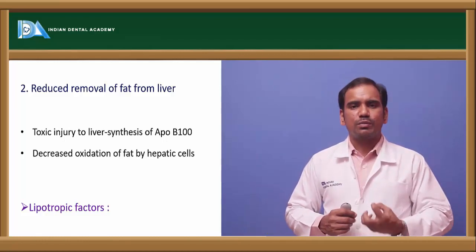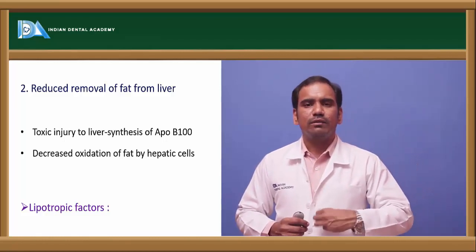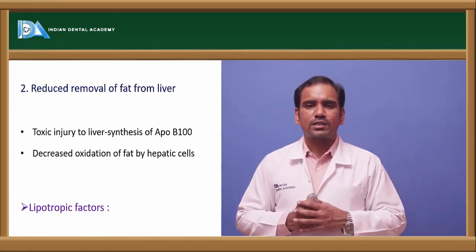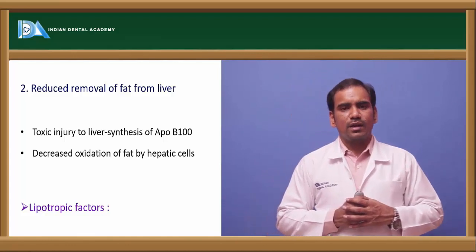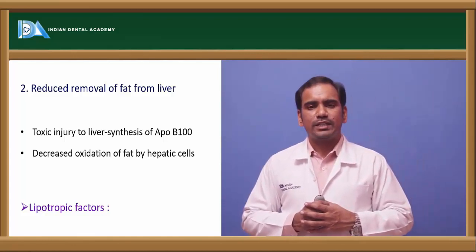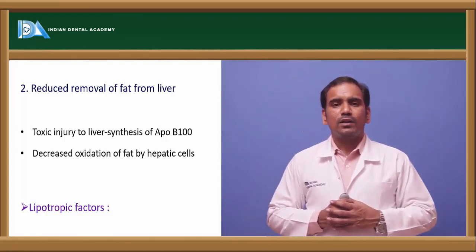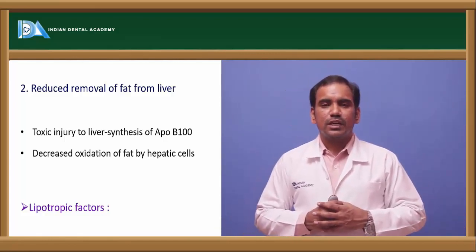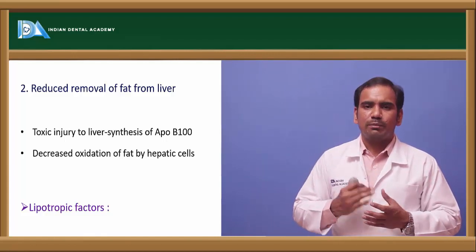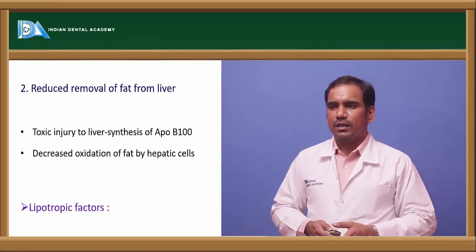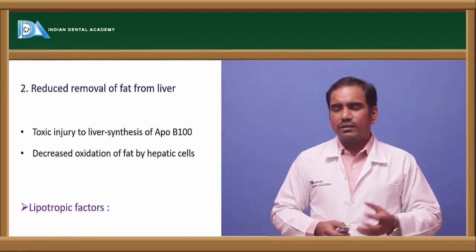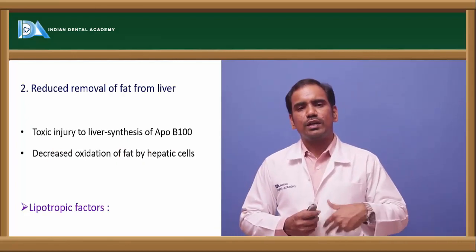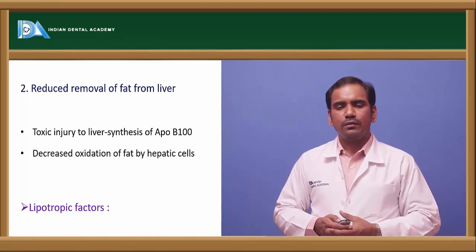That is their main function. We call all those factors together lipotrophic factors, like choline, betaine, methionine, and omega-3 fatty acids. They are called lipotrophic factors because they prevent the accumulation of fat in the liver, and the mechanism by which they do so we call lipotropism.